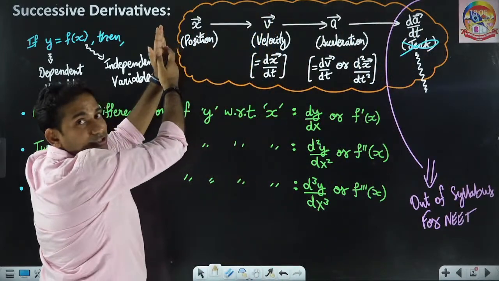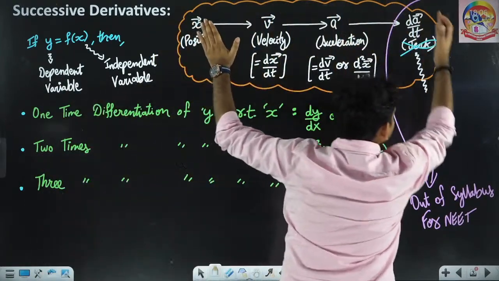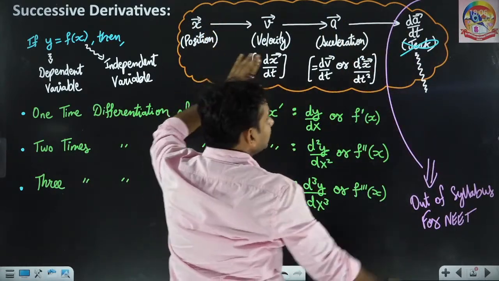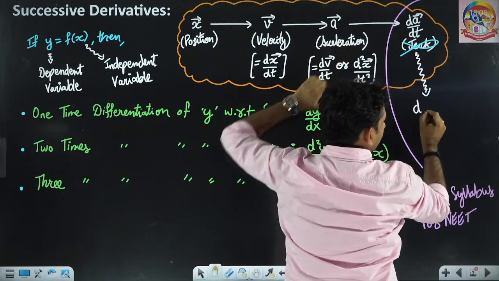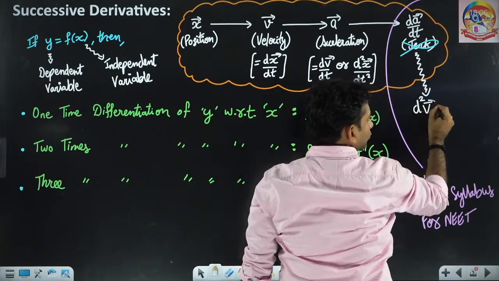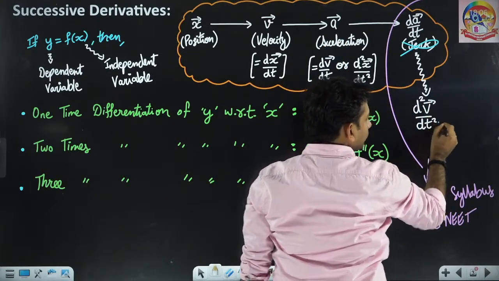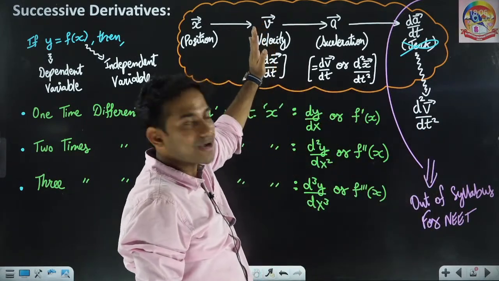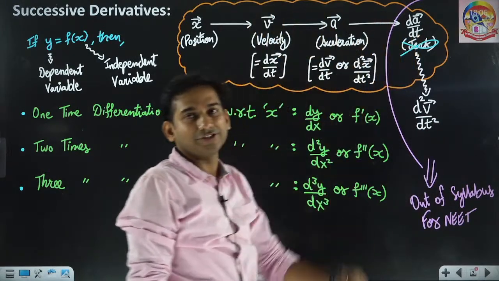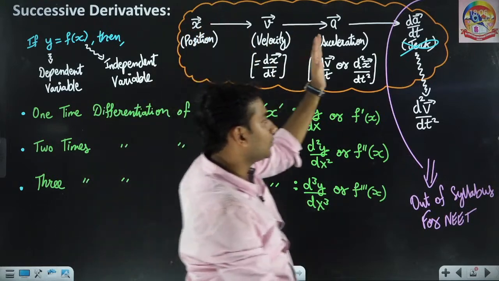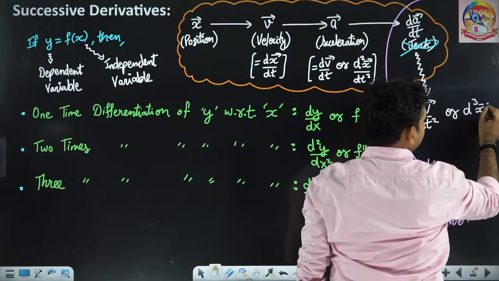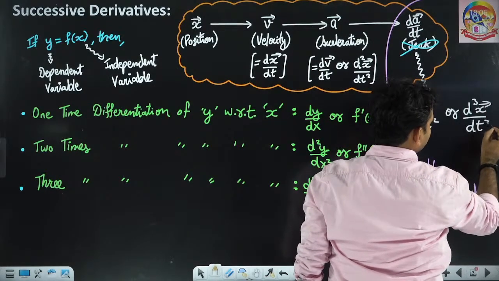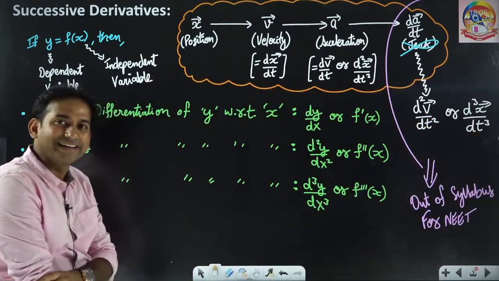And from position, 1, 2, 3 steps. Which means if dA by dt is for acceleration, then for velocity it will be d2v by dt square, because from velocity you have to differentiate 2 times to reach there. And from position, you have to differentiate it 3 times, so d3x by dt cube. I hope you are getting it.